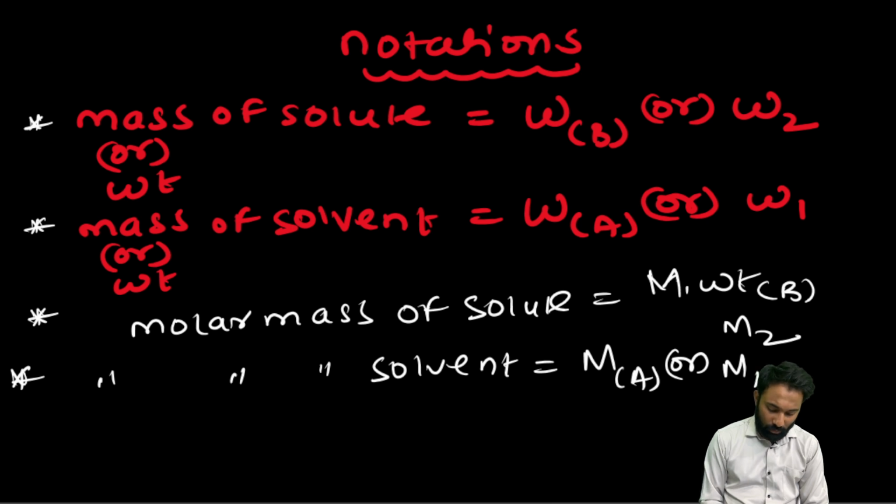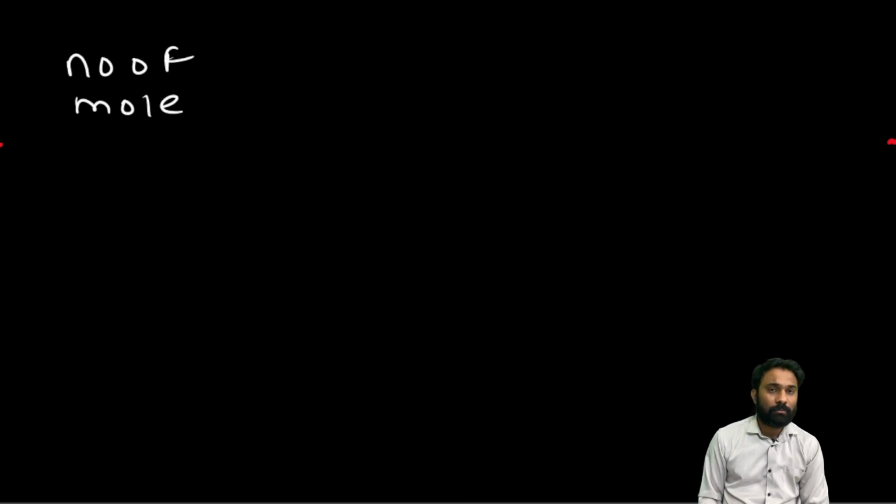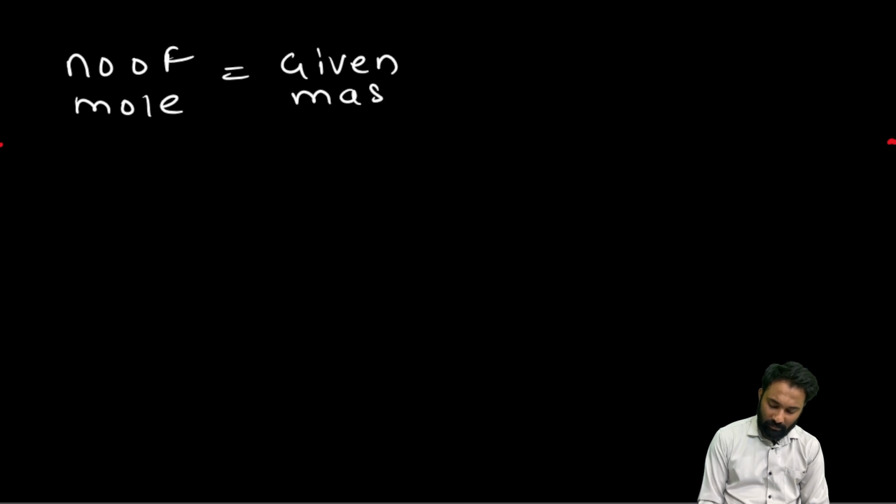Now, here you have to remember one basic formula. What is that basic formula you have to remember? That is the number of moles. What is the number of moles formula? Number of moles is equal to given mass by molar mass.